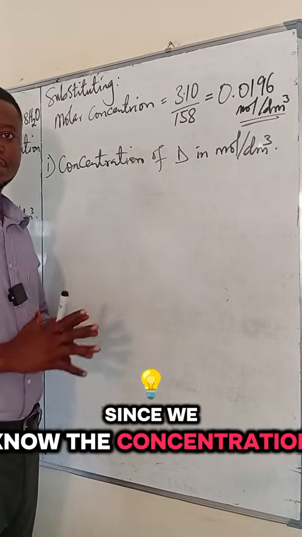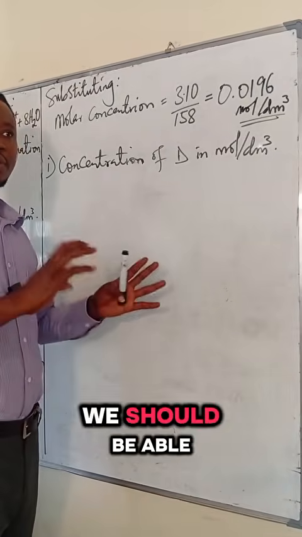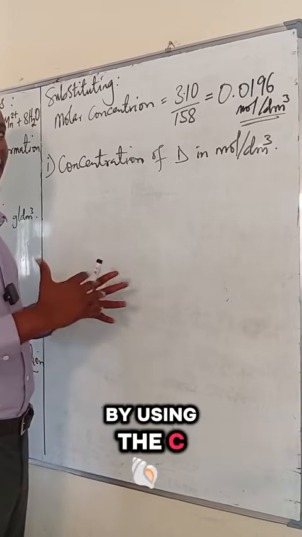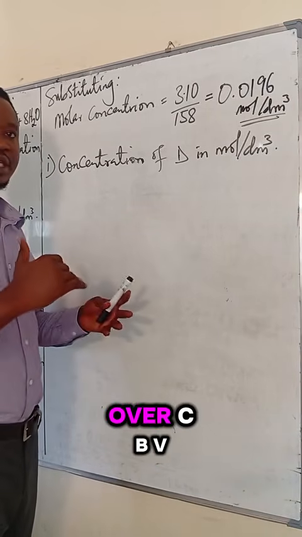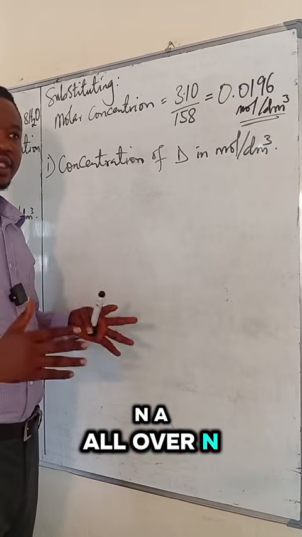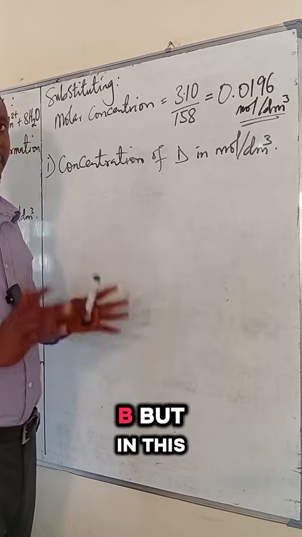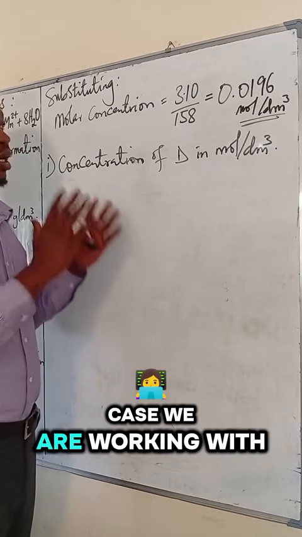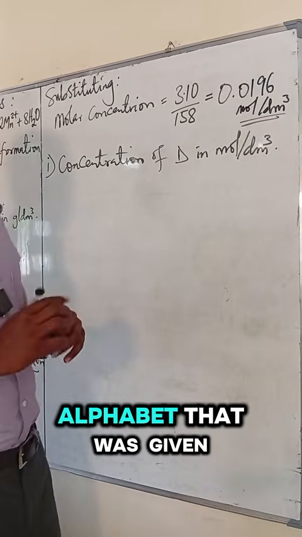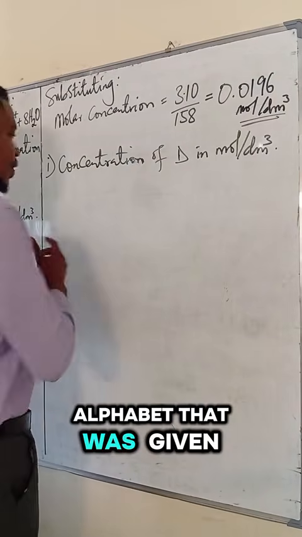Since we know the concentration of one, we should be able to calculate the concentration of the other by using CAVA all over CBVB is equal to NA all over NB. But in this case, we are working with alternative B, so we use the alphabet that was given in the question.